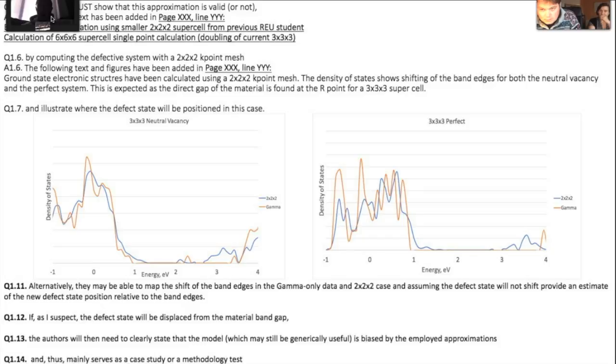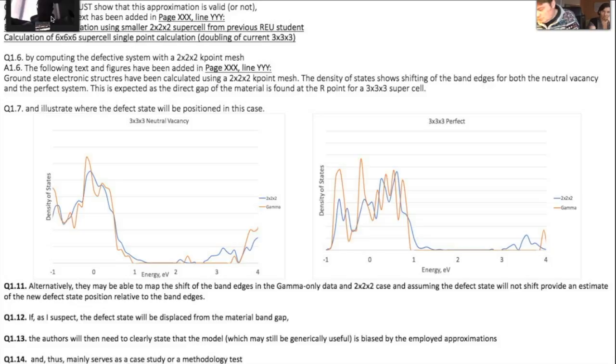Looking at the left image, we can see that increasing this K-point mesh is going to shift where the band edges lie and also shift where that vacancy state is exactly inside the band gap.